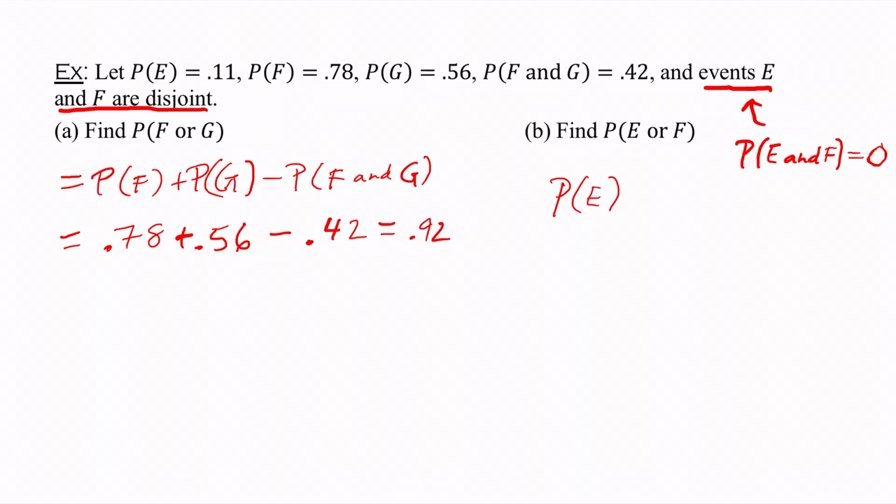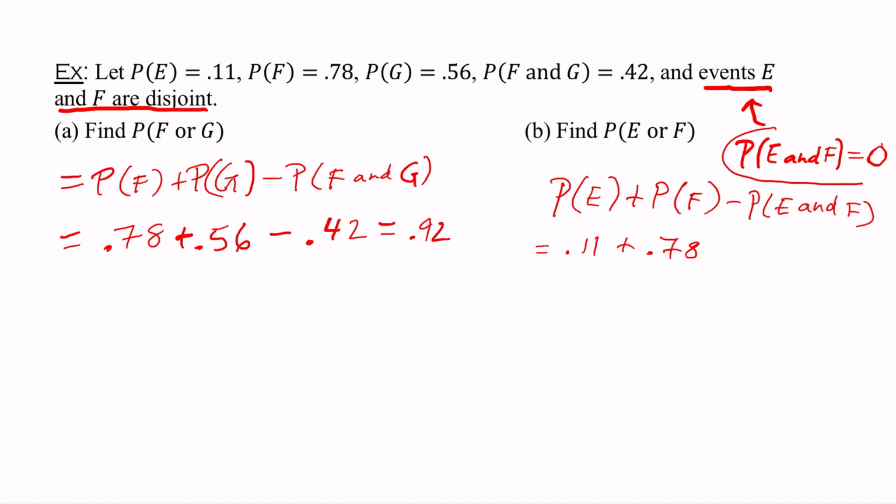So the probability of E plus the probability of F minus the probability of E and F. So that was 0.11 for the probability of E, 0.78 for the probability of F. And again, up here, we've mentioned already that the probability of E and F both occurring is 0, since they're disjoint. So that leaves us with the sum, 0.11 plus 0.78, leaves me with 0.89.